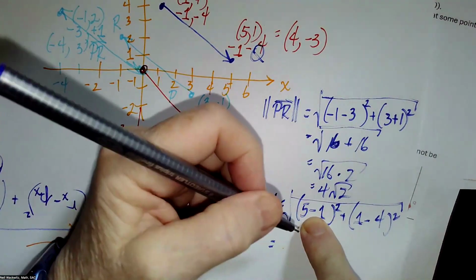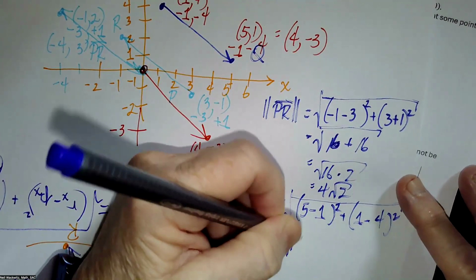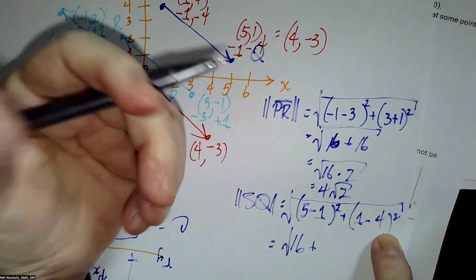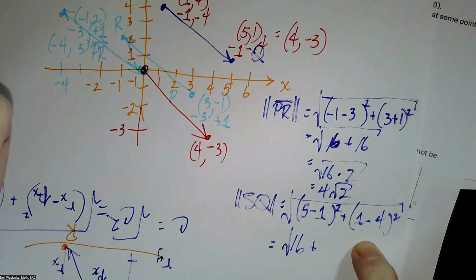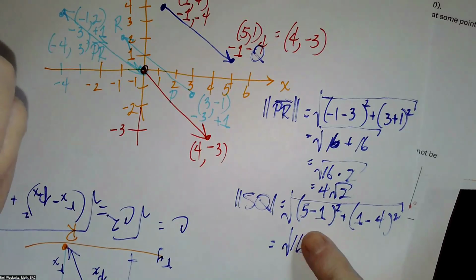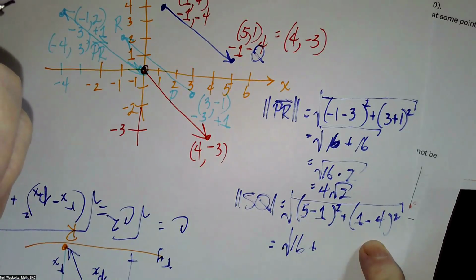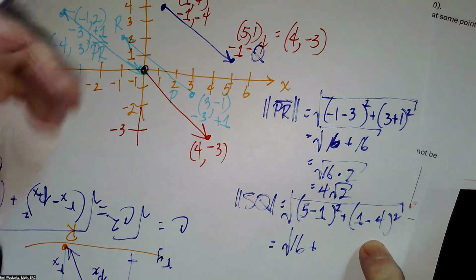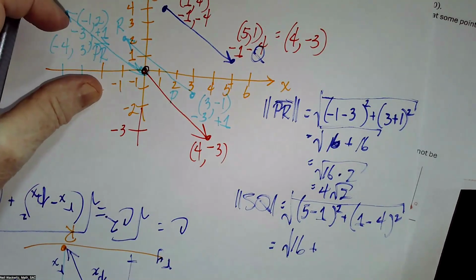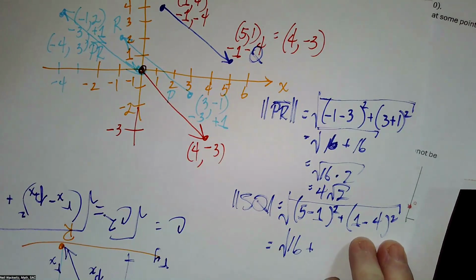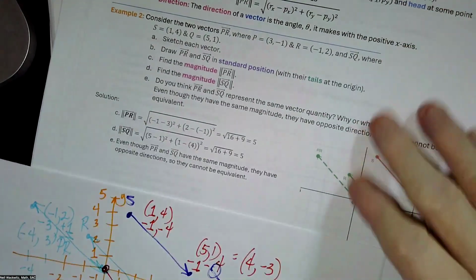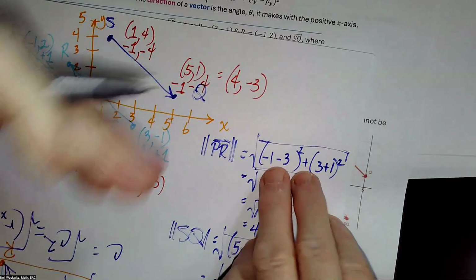So we have 5 minus 1 is 4, squared is 16. 1 minus, what did I do? Guess I get 3 there. I must have put a wrong number over here somewhere.